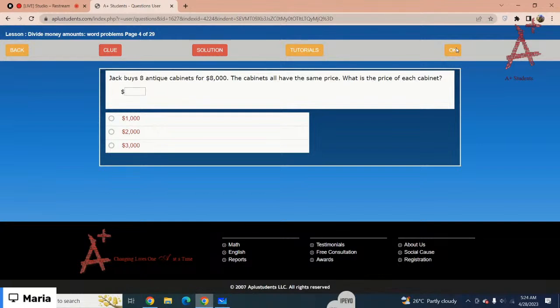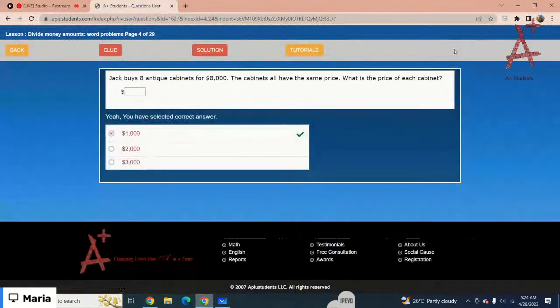So 8,000 divided by 8 is 1,000. You don't need to divide the zeros, just divide the non-zero values. So the correct option is 1,000. Each cabinet costs 1,000. Got it?